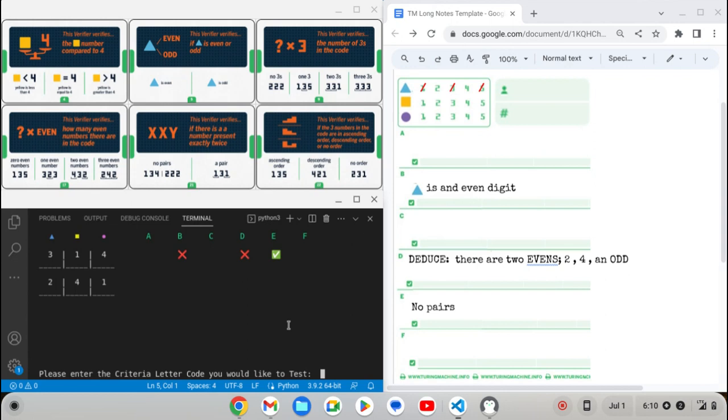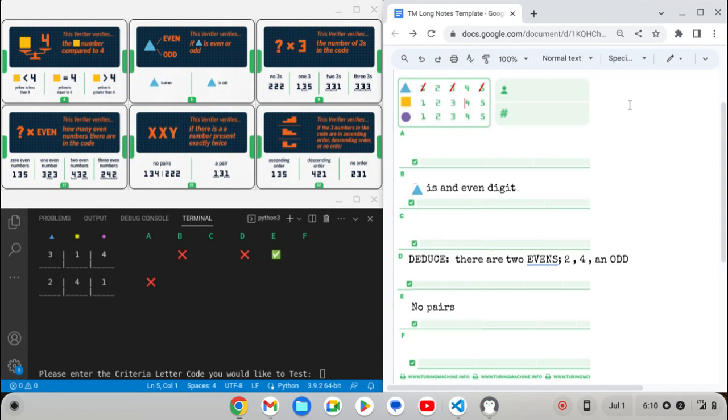Okay, so let's test criteria card A to see if square is indeed 4 or not. Okay, so it is not a 4. So let's go ahead and type that up. So we know it's not a 4.